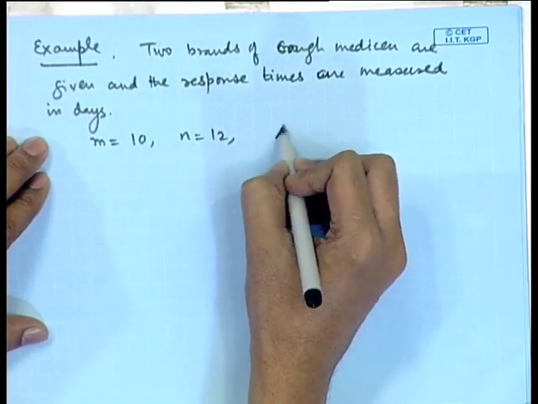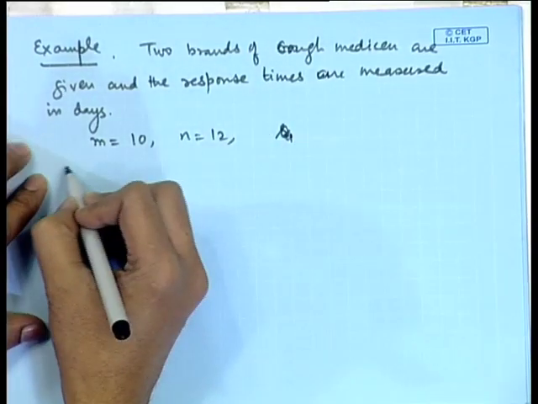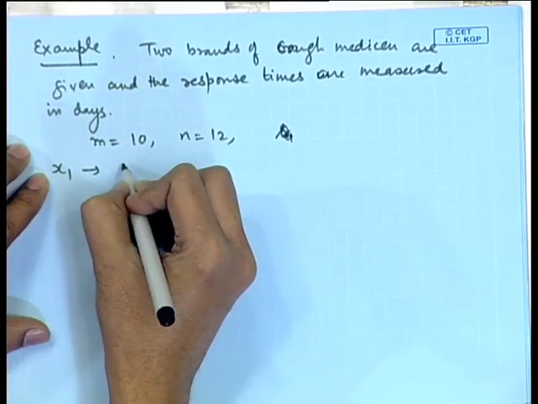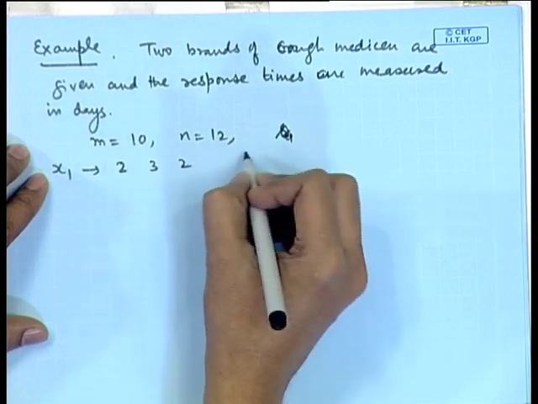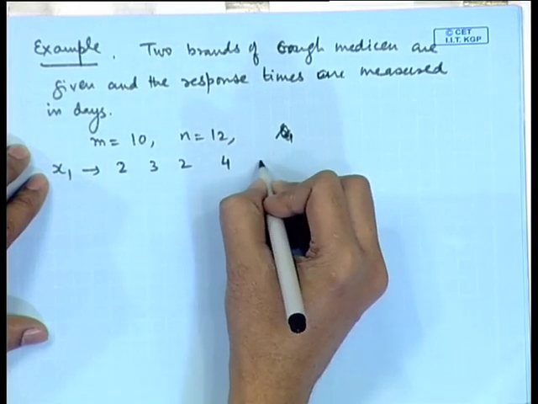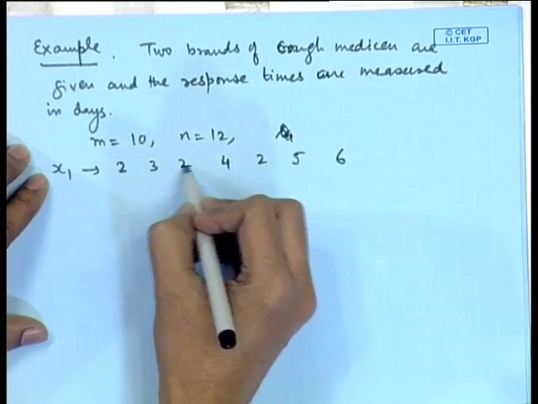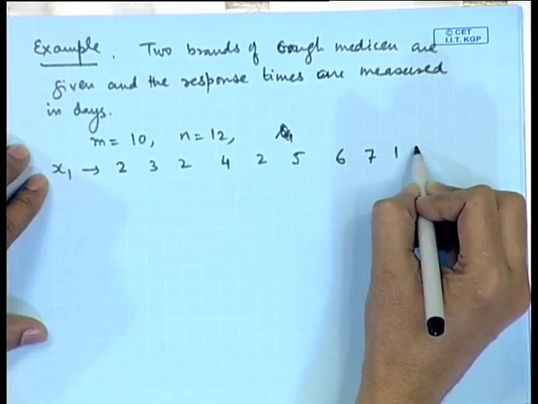12, and we are getting the observations as x 1 is equal to say 2, 3, 2, 4, 2, 5, 6. So, 3, 7 and then 1, 2.